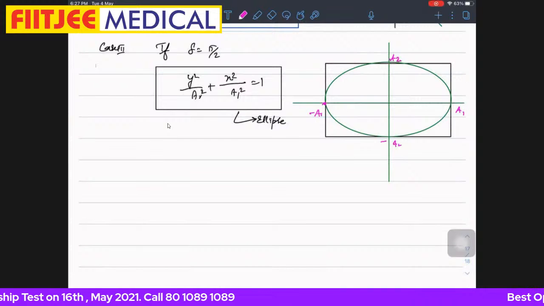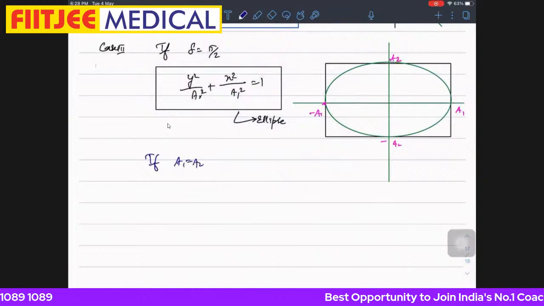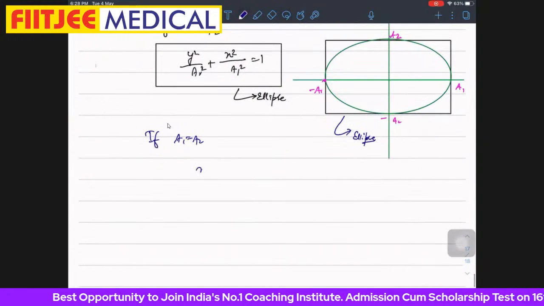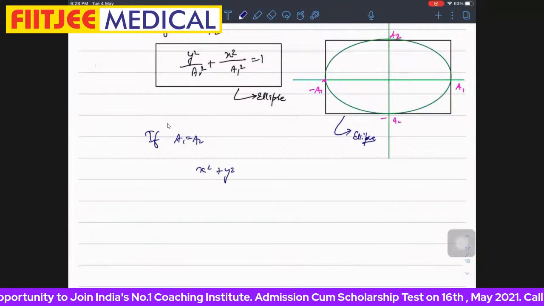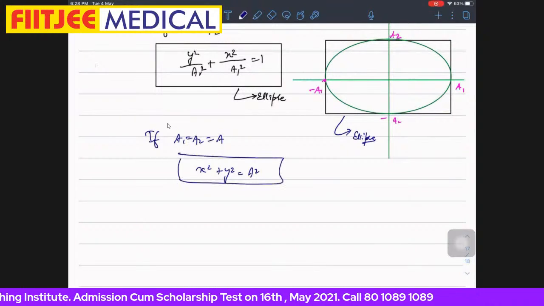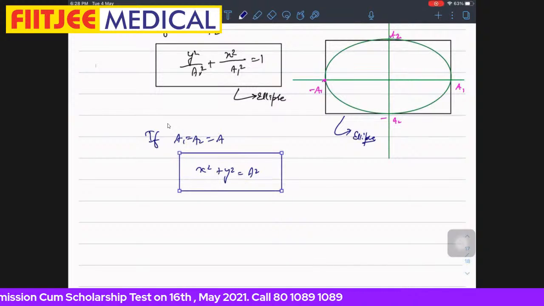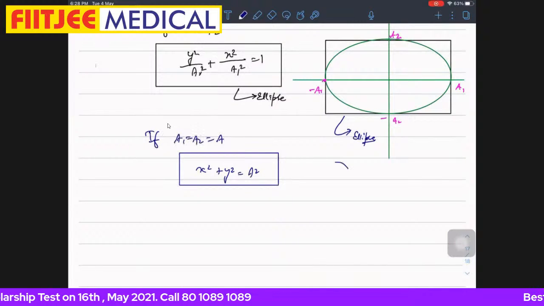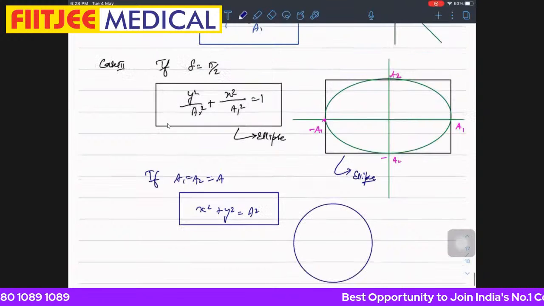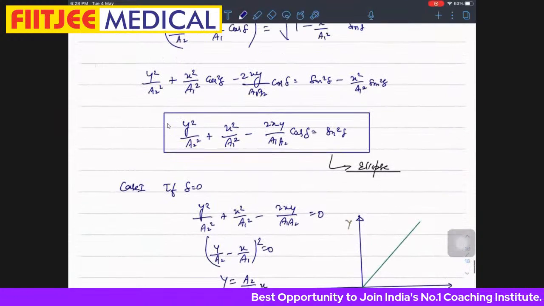But what will happen if a1 is equal to a2? Here we were getting trajectory as ellipse. If a1 is equal to a2, x square plus y square will be equal to a square. Then the trajectory will become a circle, and its radius will be given by a. So these three possibilities are there.